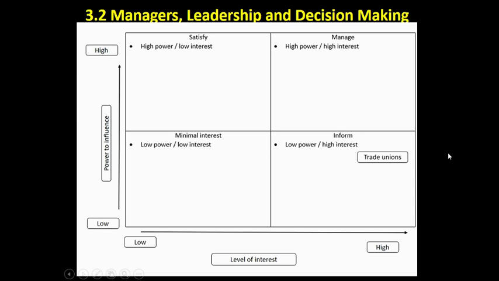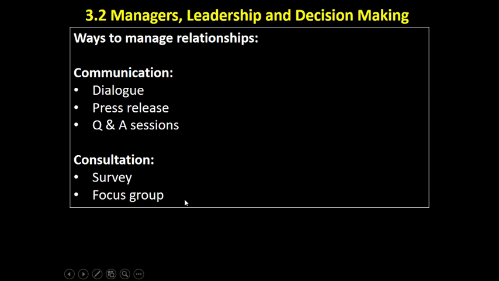This will allow us to identify who are the most important stakeholders to manage a relationship with, and who we can spend less time on, who is less important, people down in this grid here, to spend our time worrying about.